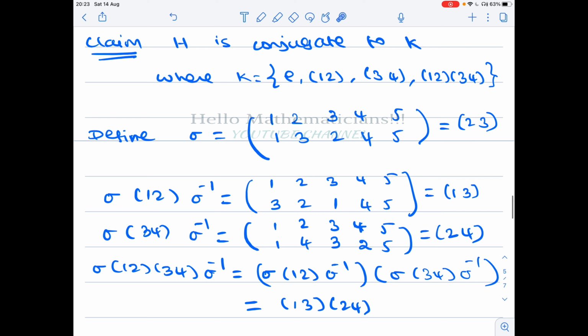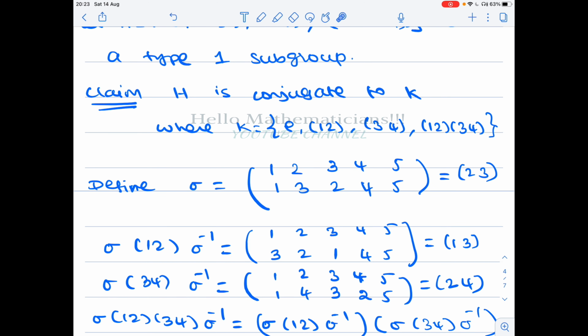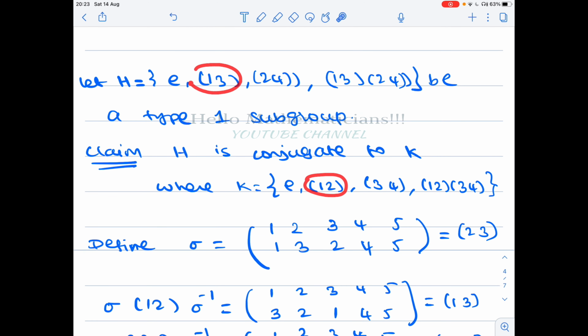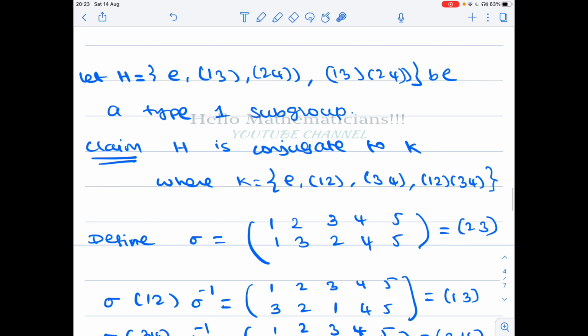So now I claim that. So you see (1 2) should go to (1 3). So I am sending 1 2 to 1 3 in the permutation sigma. (3 4) should go to (2 4), so I am sending 3 4 to 2 4, and there is no condition, these two subgroups are not involving 5, so I send 5 to 5.